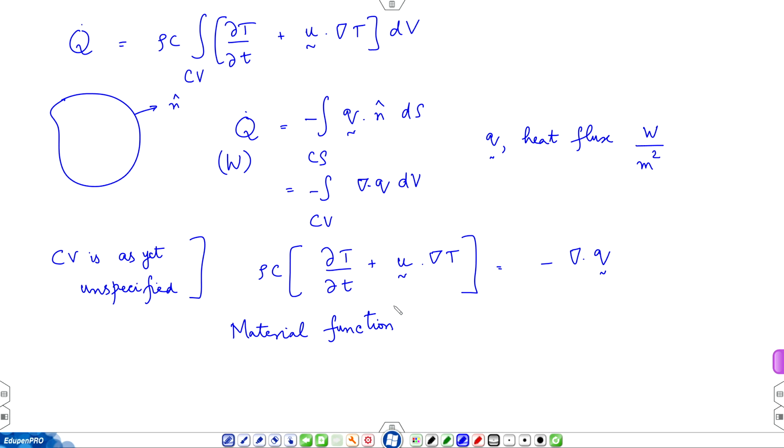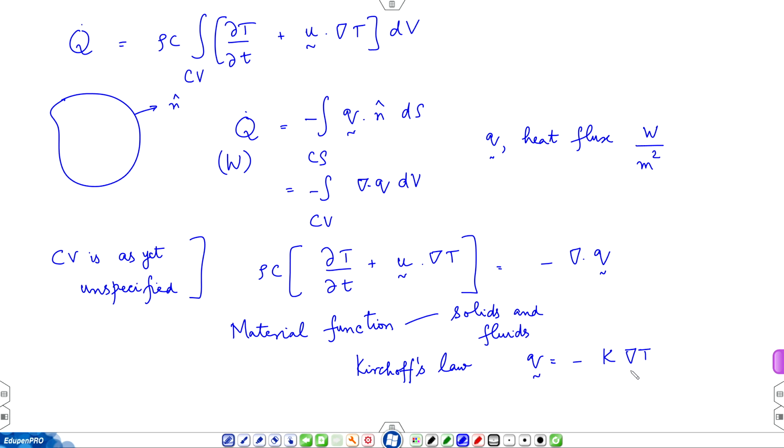Similarly, this material function for Q is material specific, but a very large number of commonly encountered solids and fluids exhibit a linear relationship between Q and the gradient of temperature.